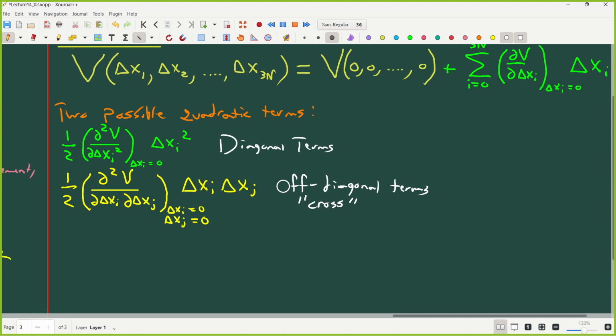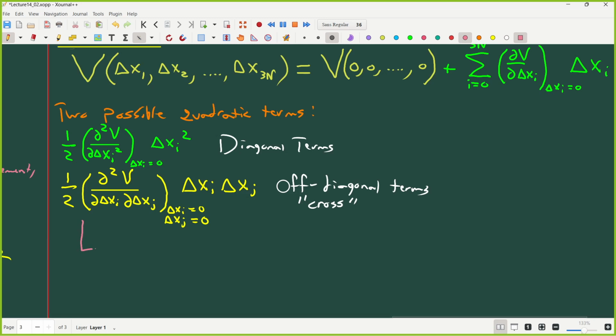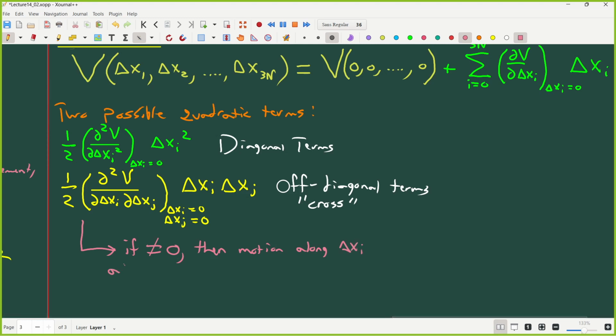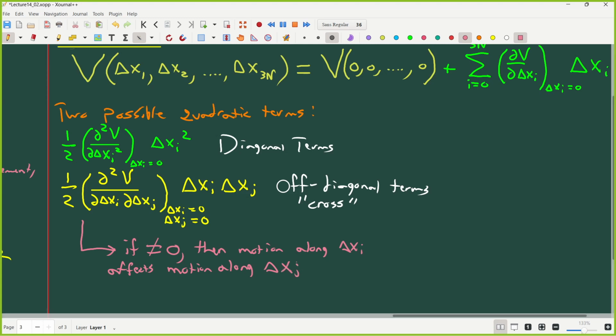If this is not equal to 0, I'll just repeat it in words: then motion along delta x sub i affects motion along x sub j. That's what I explained with the CHs and the oxygens for formaldehyde.